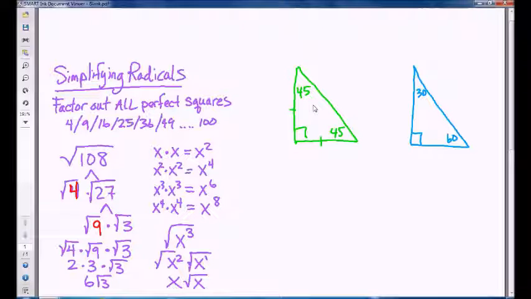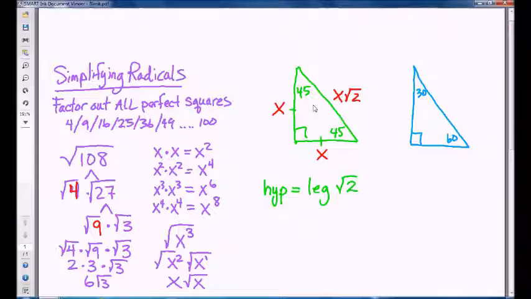Our 45, 45, we can label these as x, x, and x root 2. We also have a formula that says the hypotenuse equals the leg times the square root of 2. Now the formula will always work, but if you have one of these legs, you know it is x, you simply substitute it into the hypotenuse.